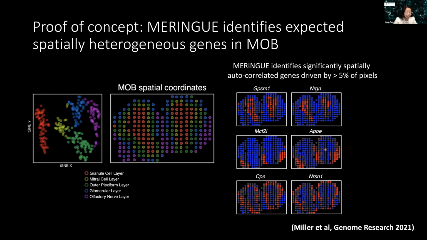When we apply MERINGUE, we can identify significantly spatially autocorrelated genes driven by more than 5% of pixels, and all the genes we identify significantly overlap with differentially expressed genes across the different cell layers. And likewise, of course, we can compare our method to other existing methods for identifying spatially variable genes and find that the negative log 10 adjusted p-values for our approach are very, very highly correlated with that of other approaches as well.